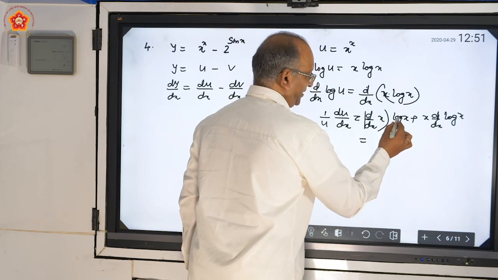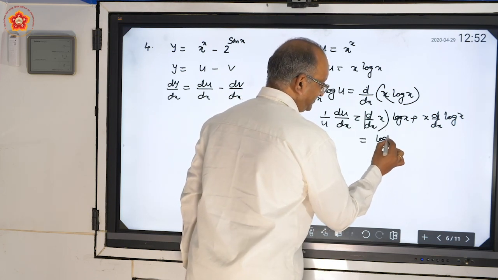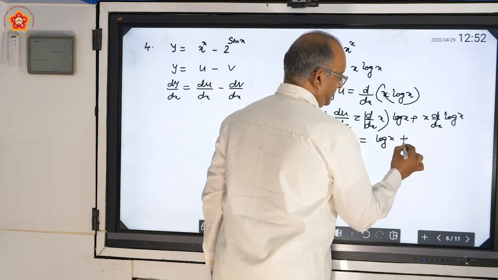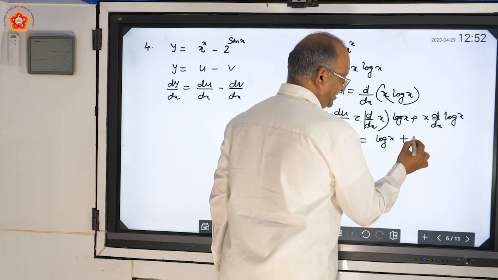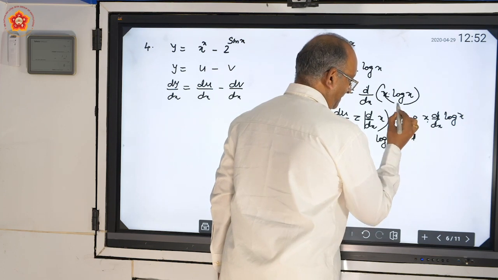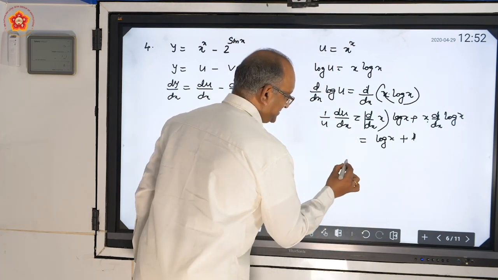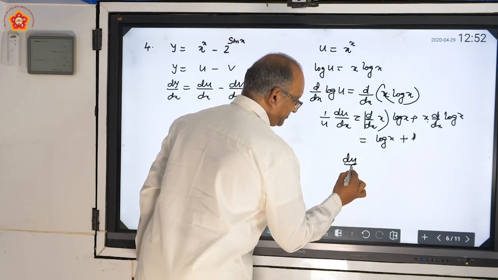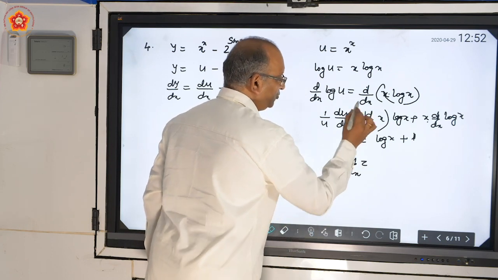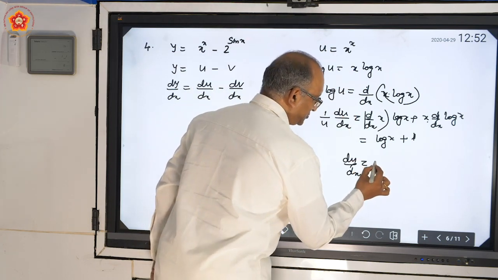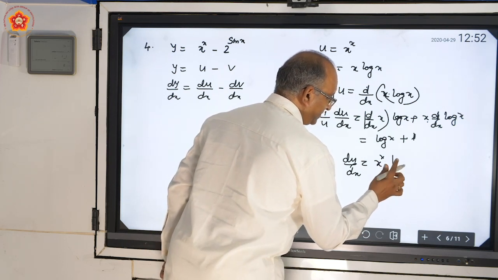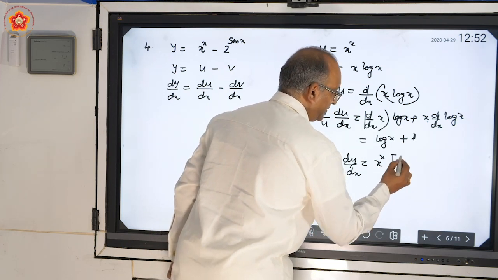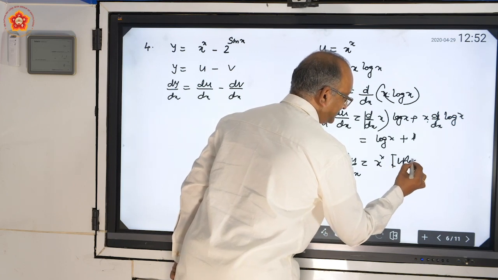It is 1. 1 into log x is log x. And what is derivative of log x? It is 1 by x. So x into 1 by x, it will become 1. So the answer is du by dx equal to, this u will go there, u is nothing but x to the power x into 1 plus log x.